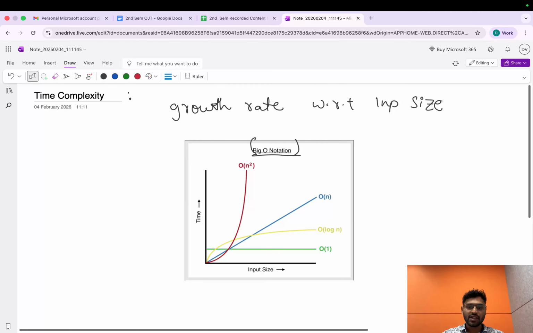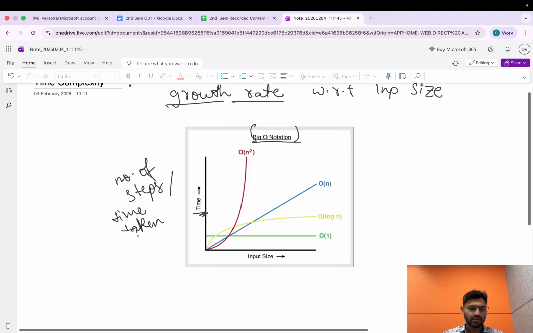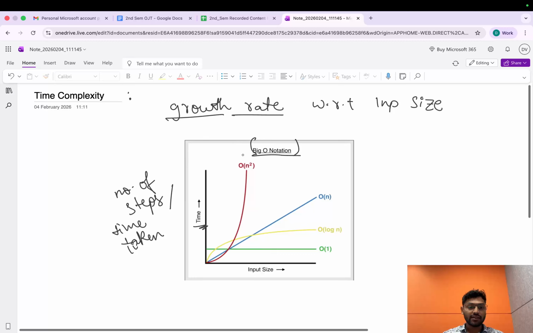In short, it is the number of steps, or time taken, which is nothing but examining the growth rate with respect to input size. Let's define what exactly this growth rate is.